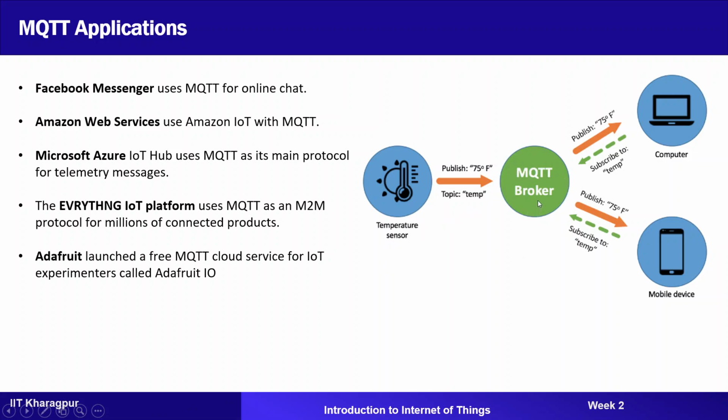This is your MQTT broker. The MQTT broker is the server which further publishes the service provided by your publisher to different subscribers. Whenever your temperature sensor sends the temperature value, it will further send it to all the devices which have subscribed to this temperature service.